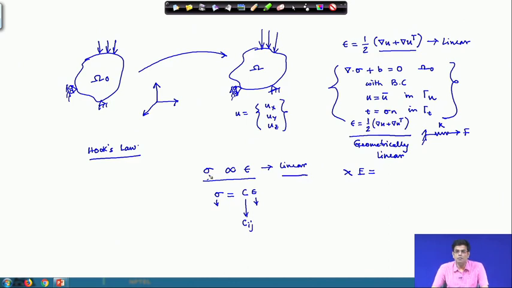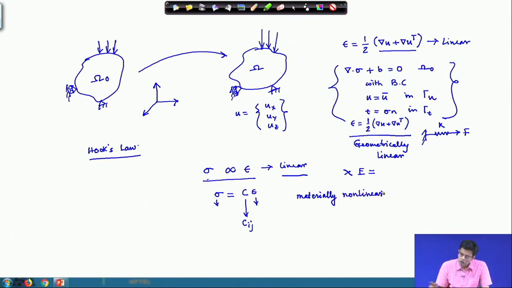That means sigma may not be directly proportional to epsilon. There may be a relation between sigma and epsilon which is nonlinear in terms of strains. That kind of material, or that kind of relation, we will say is materially nonlinear.